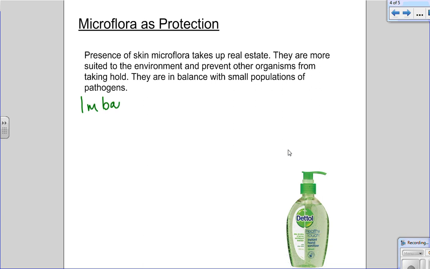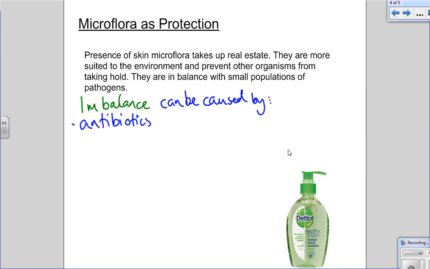Now, imbalances, sorry, the green that no one likes, can be caused by antibiotics. Taking antibiotics can seriously hurt your own microflora.